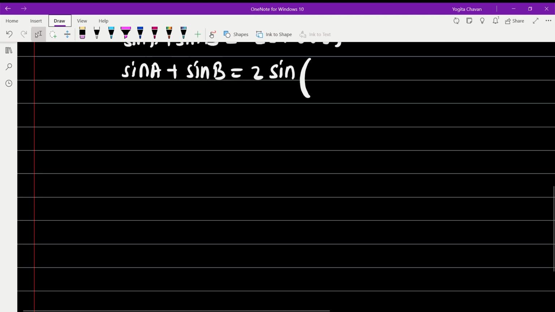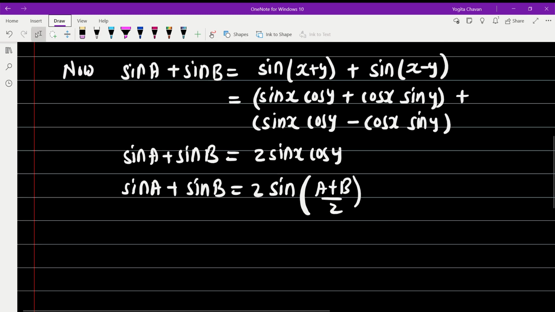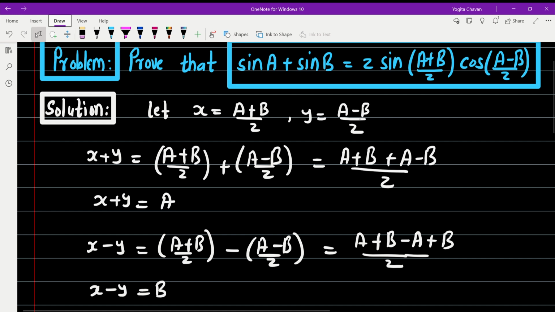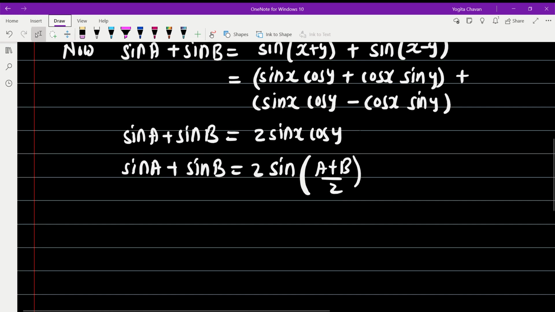So this is (A plus B) upon 2 into, now cos y. Now what is the value of y? y is nothing but (A minus B) by 2. So into cos of (A minus B) upon 2. Okay, so sin A plus sin B is equal to 2 into sin (A plus B) by 2 into cos (A minus B) by 2.